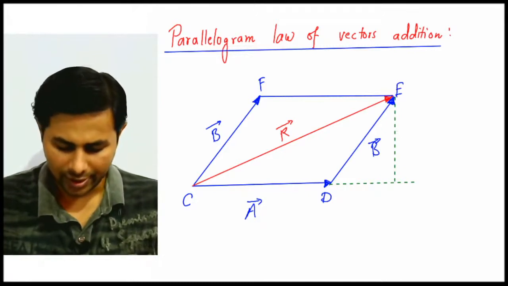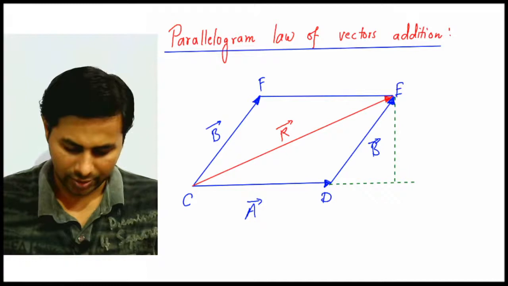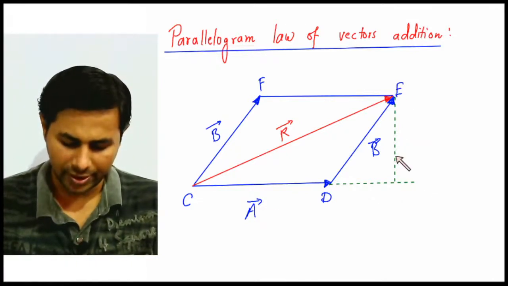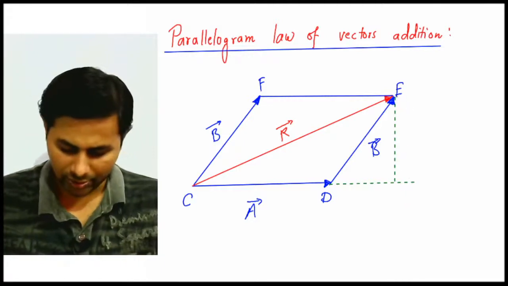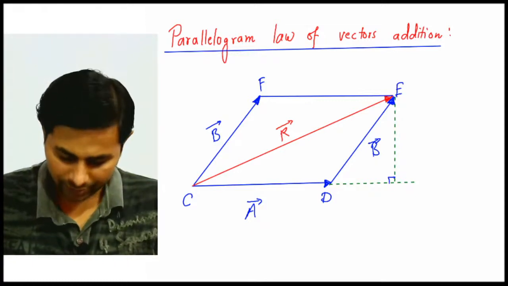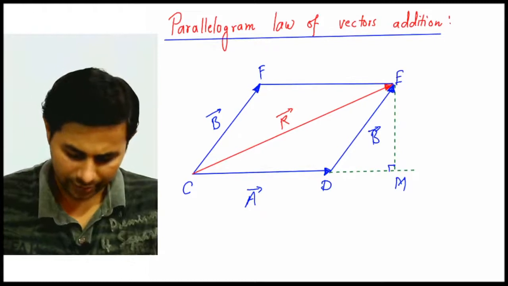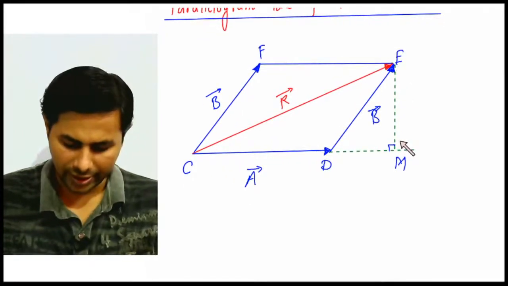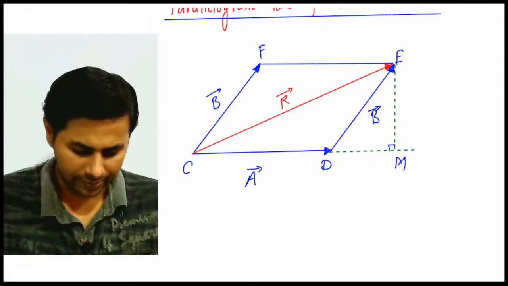For that we extend this line CD, and we draw a perpendicular starting from this point E. Suppose it meets at point M. So the perpendicular drawn from E on this CD extended meets at point M.